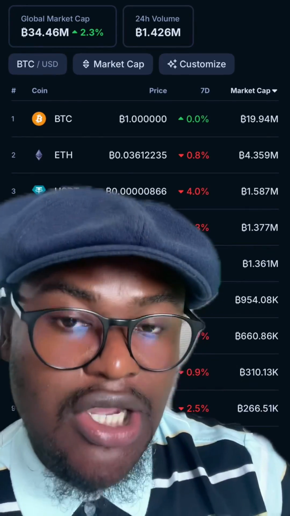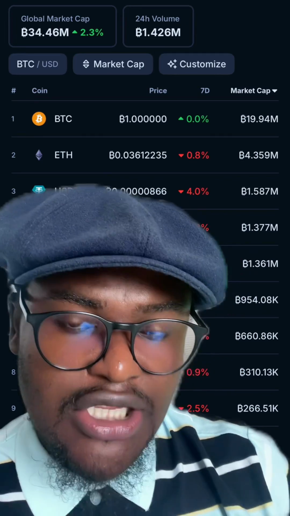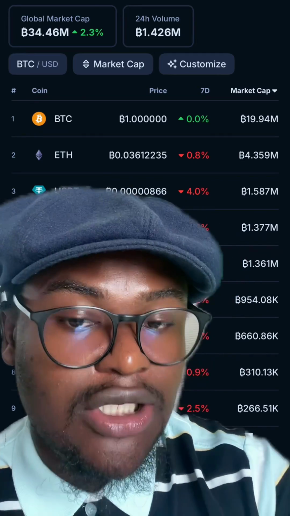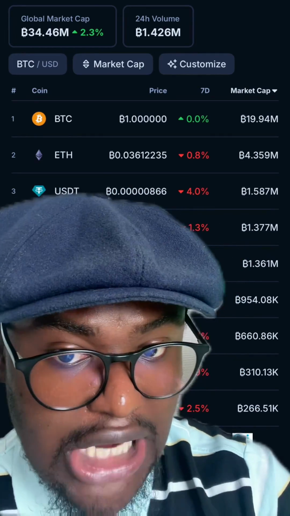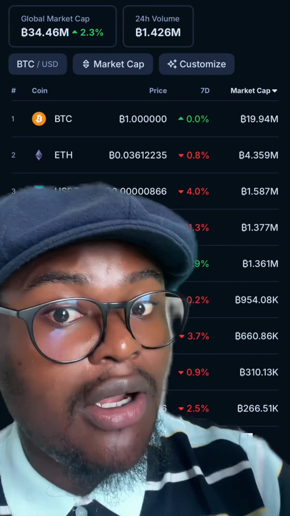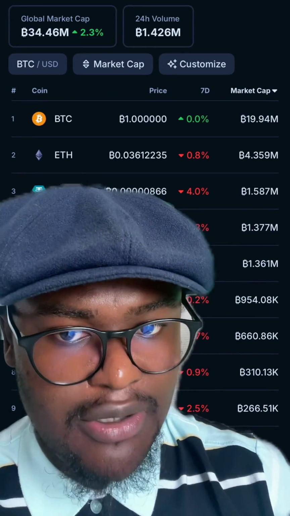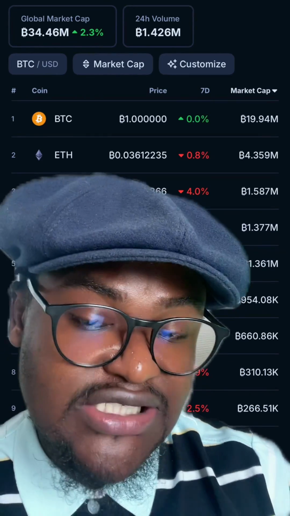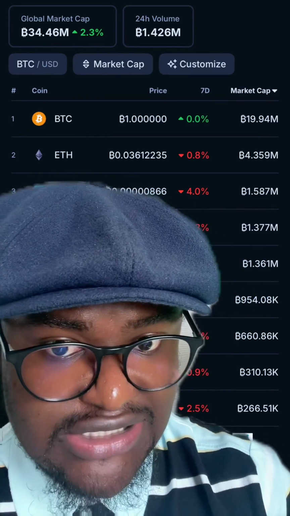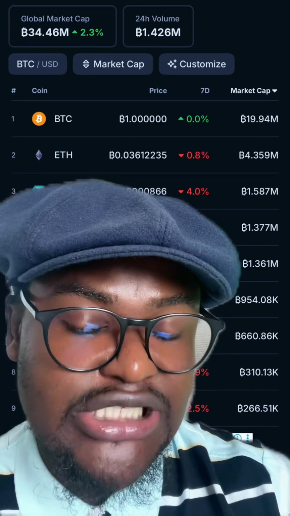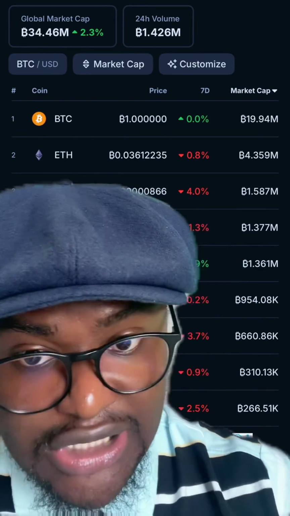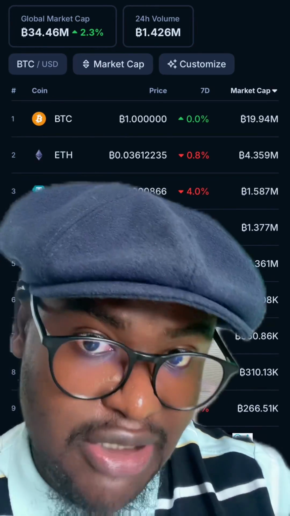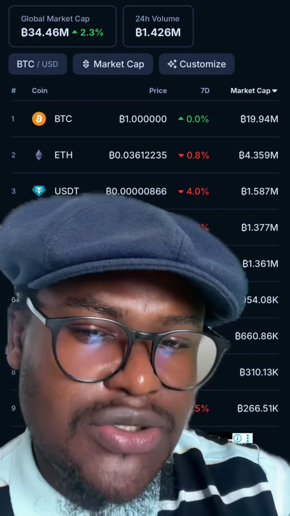Now, this goes with altcoins as well. Just like Bitcoin depends on stable coins to move up or down, altcoins depend on Bitcoin to move up or down. Some directly through their Bitcoin pairs and others indirectly through market sentiment. So some altcoins have Bitcoin pairs, that's Ethereum, Solana, Cardano, XRP, BNB, and the rest, but others do not.